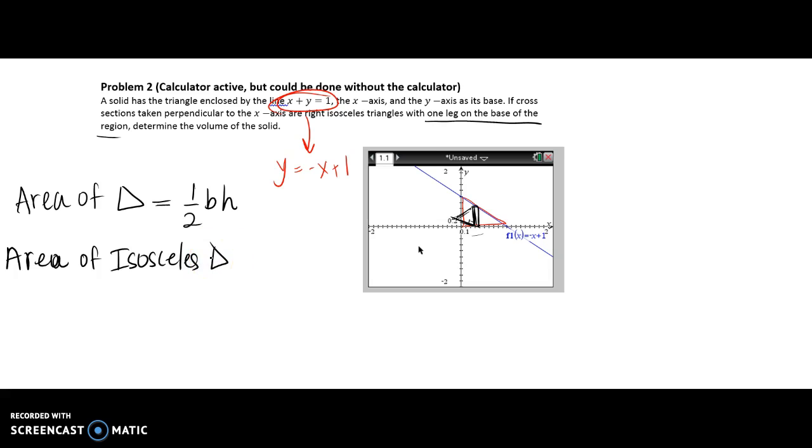This particular isosceles triangle has a base that's actually equal to the height. So for me, this original formula of 1/2 base times height can actually be written as 1/2 base times base, since an isosceles triangle has two equal sides.